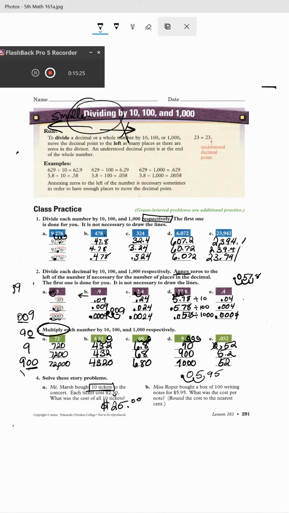Do you see that? This is money, and I can't give you 0.0595 change. I can only give you up to 2 places. So I look at the 9, and that rounds that 5 up to a 6. So each card costs about 6 cents. Okay? All right, let's go to the back.